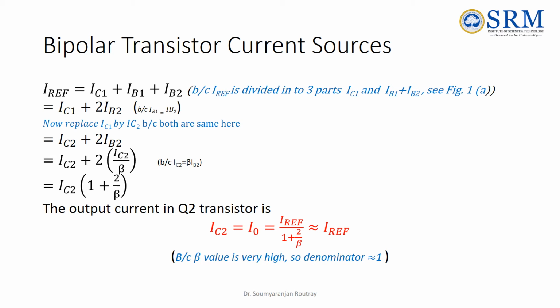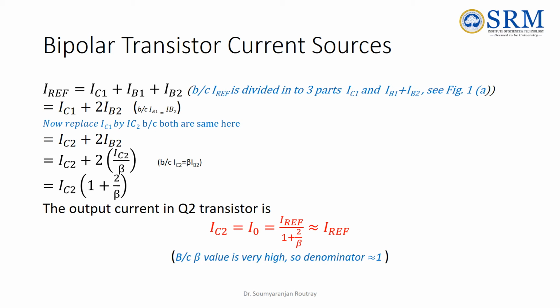We know in previous slide we have already discussed IB1 is same as IB2, both are same because VBE1 is same as VBE2. Hence we can say that base current of both the transistors will also be same. So we can write here IC1 plus 2 IB2 because both are same.